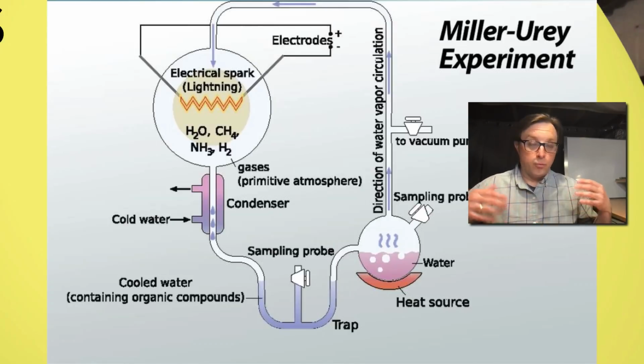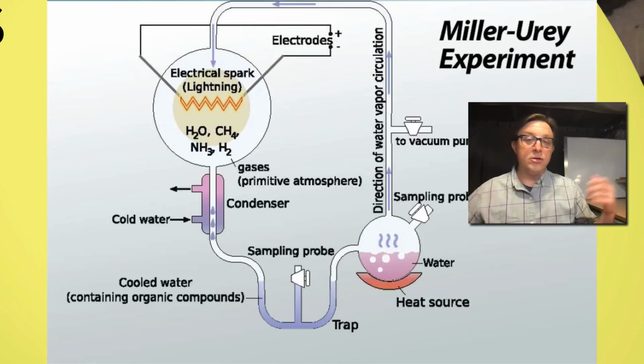And they replicated these early environmental conditions with a certain set of gases, introduced energy in the form of an electrical spark, right, to replicate lightning strikes in the early Earth atmosphere, and just ran this through this closed system of glass equipment over and over, and would periodically take samples and determine what they found.